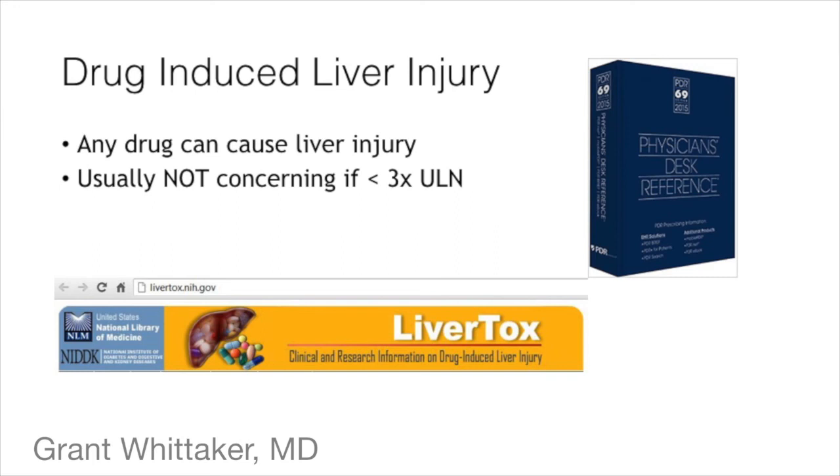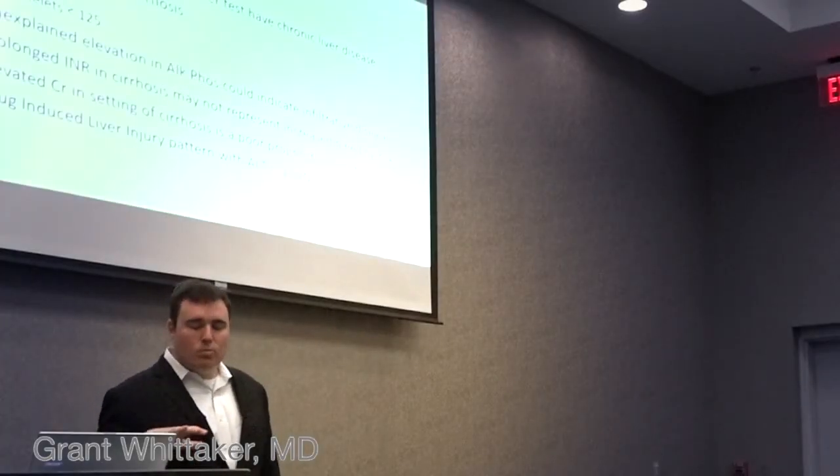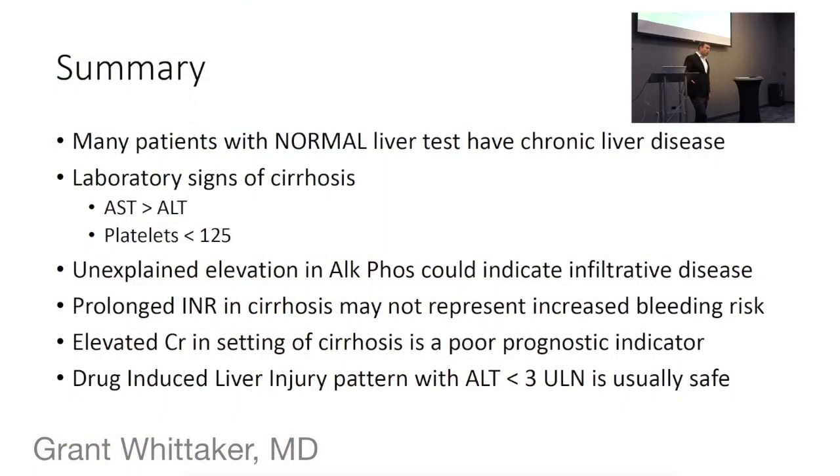So that's it. To summarize my talk, many patients with chronic liver disease can have normal or barely elevated AST and ALT, so you don't want to rely solely on the AST and ALT to diagnose chronic liver disease. Look at your platelets, creatinine, alk phos, total bilirubin, and INR to get a generalized summary of how that patient's liver is doing. The AST being higher than the ALT indicates that this patient may be cirrhotic.